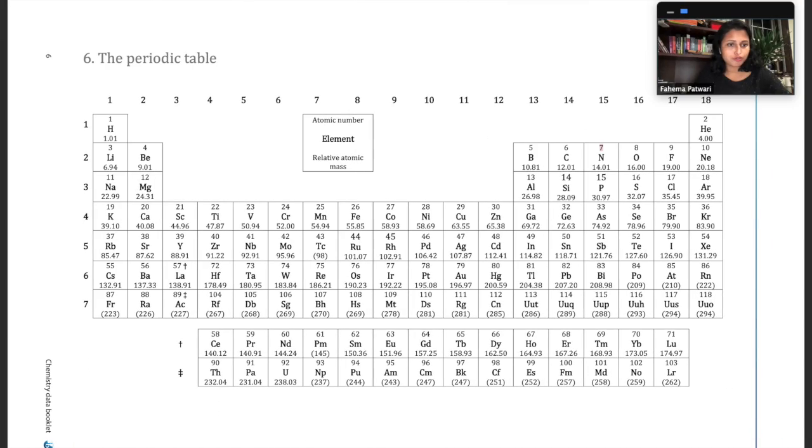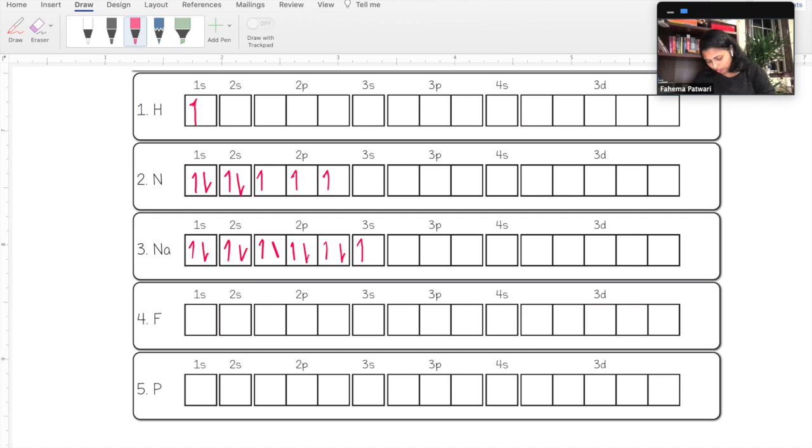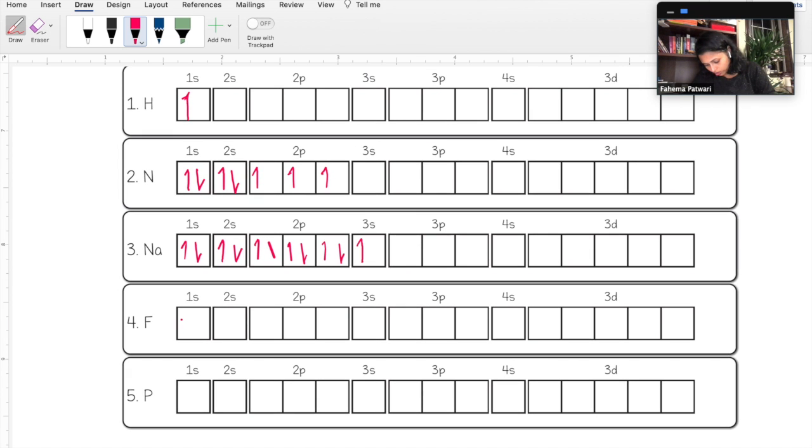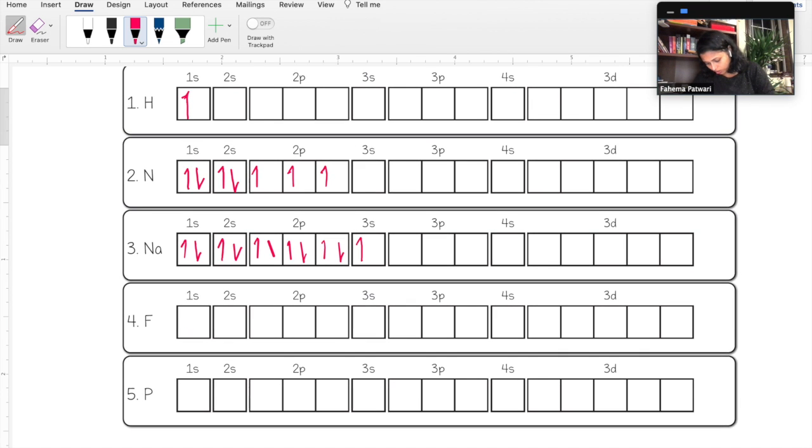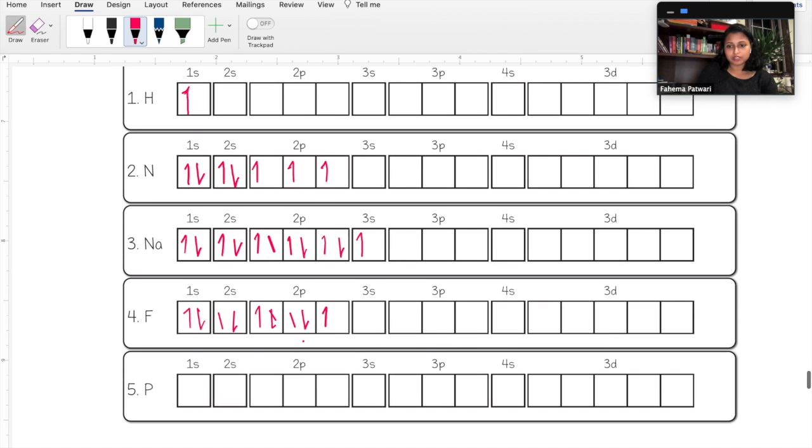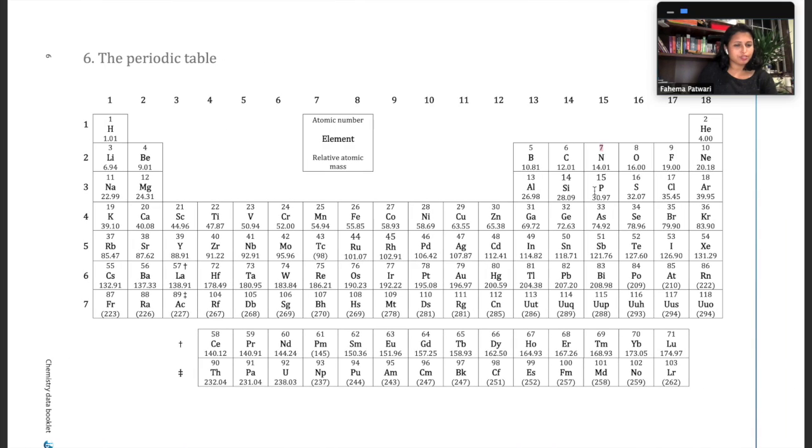All right, let's try fluorine. There's 9. All right, so 1, 2, 3, 4, 5, 6, 7, 8, 9. Not the prettiest, but you get what I'm doing. Let me fix that. Okay, phosphorus. Let's do phosphorus. Phosphorus has 15.